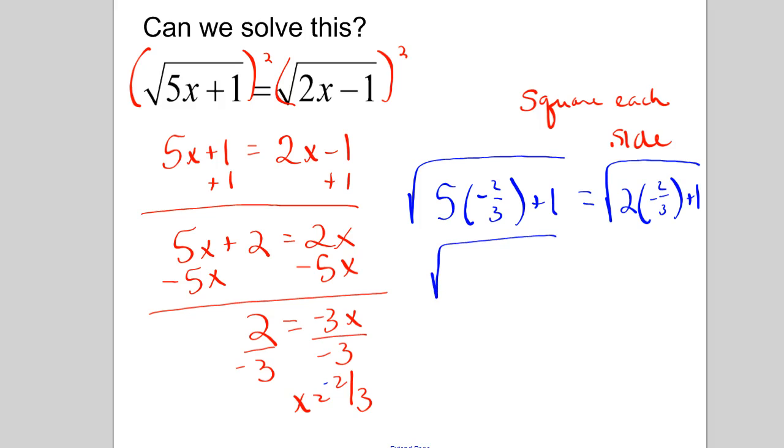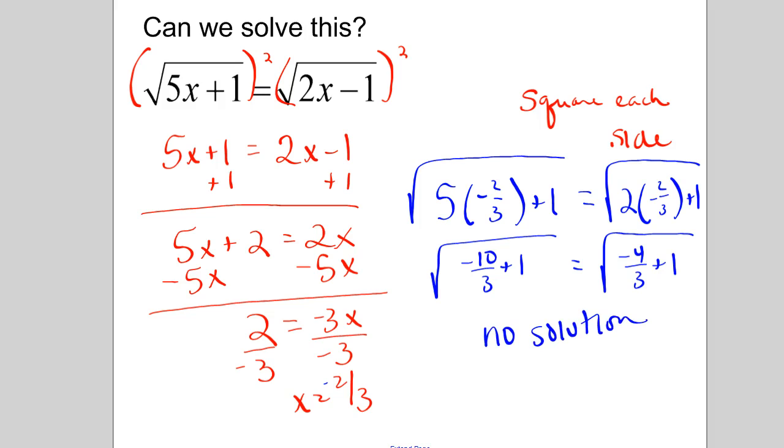So this would be negative 10/3 plus 1, and this is going to be negative 4/3 plus 1. Those don't work out. This is a no solution because I don't get that equality. So this is a no solution case. But we can solve these by squaring each side. All right, next one.